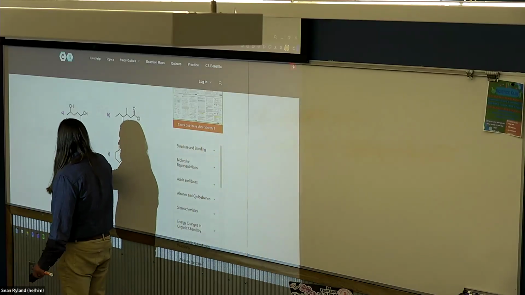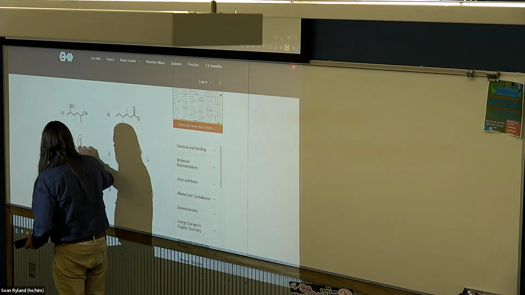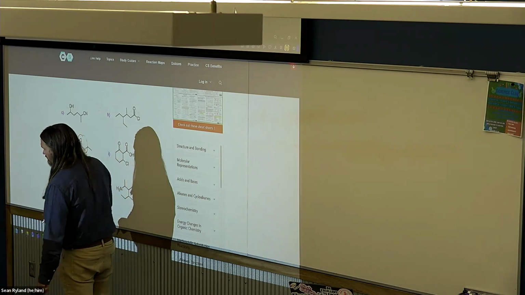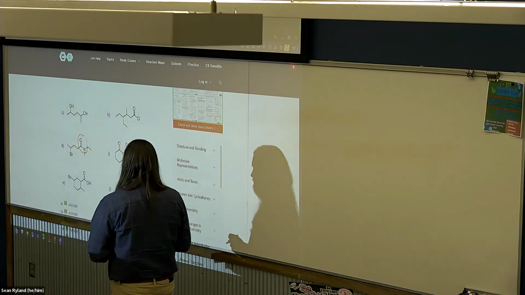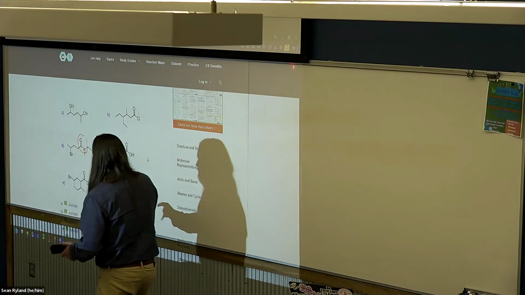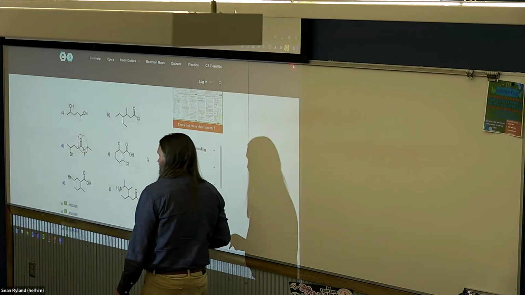It is an amide because it's next to a nitrogen. So this is the group that makes it an amide. We name it as the acid, the 1, 2, 3, 4, 5, so pentanoic acid.